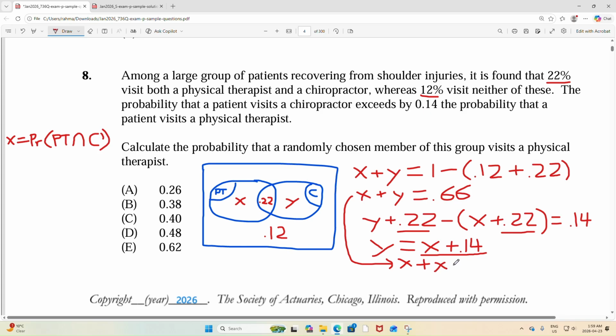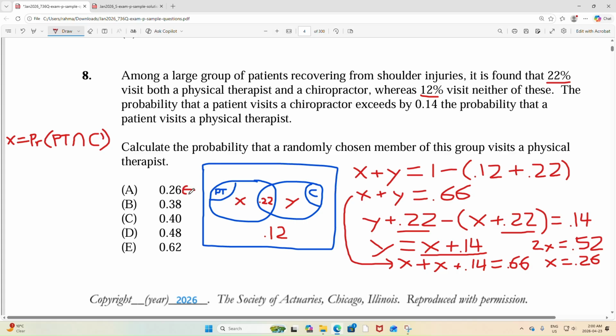So X plus X plus 0.14 equals 0.66. And then that'll give us 2X equals 0.66 minus 0.14, which is going to give us 0.52. So the X is going to be equal to 0.26.